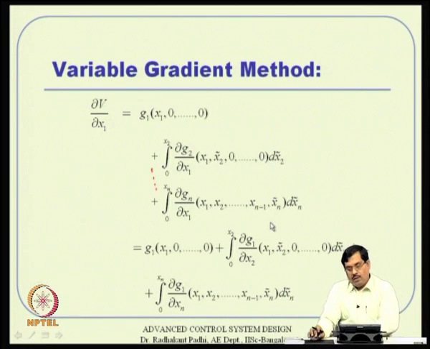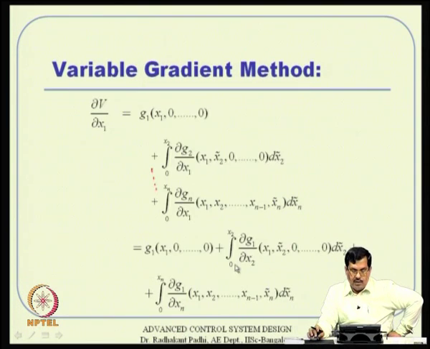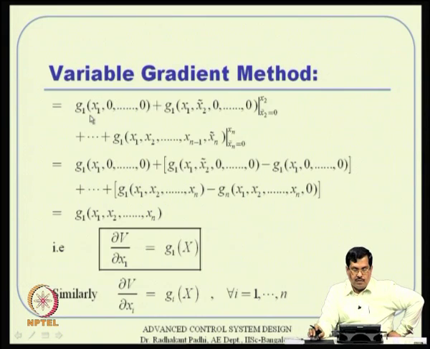Okay. So, I have got g1 plus a bunch of integrals to evaluate. Then if you see this integral to be evaluated, it turns out that the first one is g1 anyway, the second one is g1 of x2 tilde.